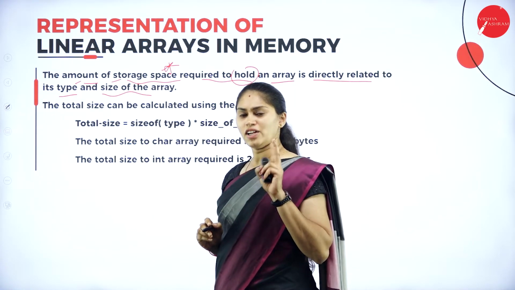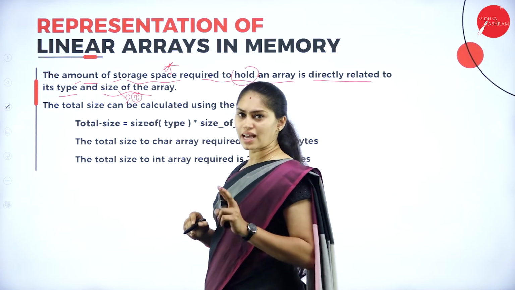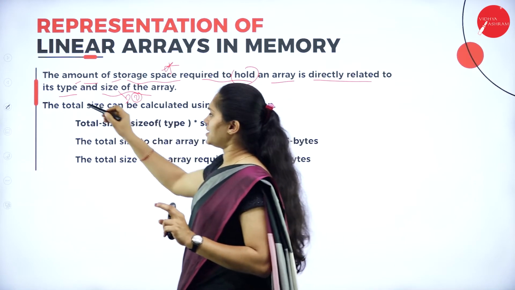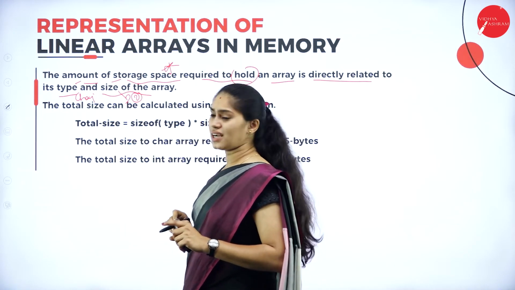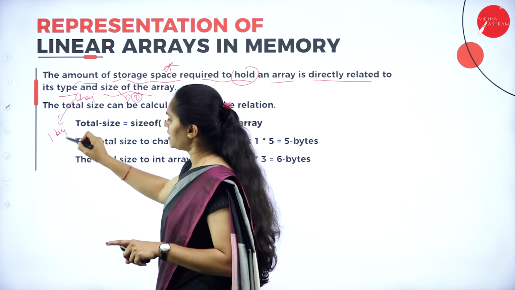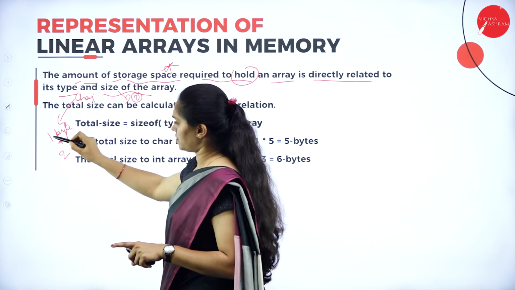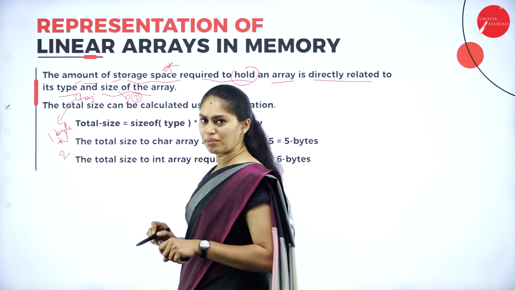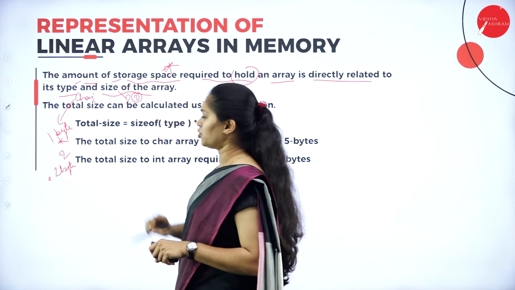If I am taking 2 elements in an array and the data type is char, what is the size of a character? It will be 1 byte, right? And the number of elements will be 2. So 1 byte multiplied by 2 requires only 2 bytes of memory.